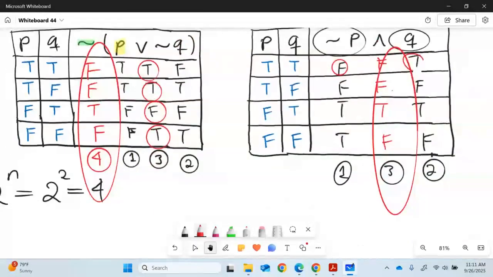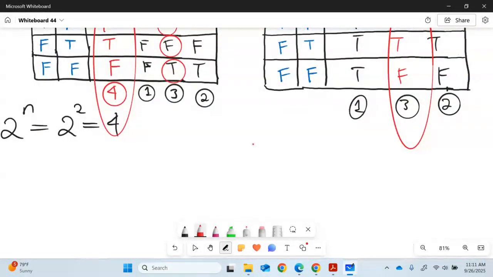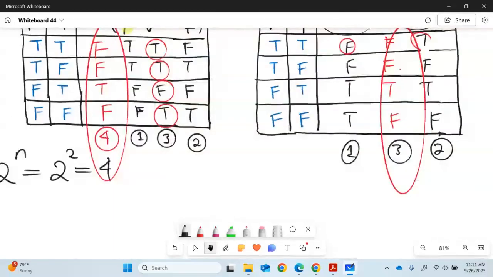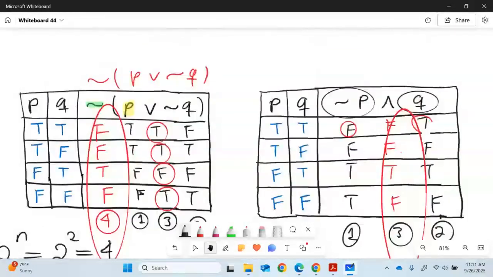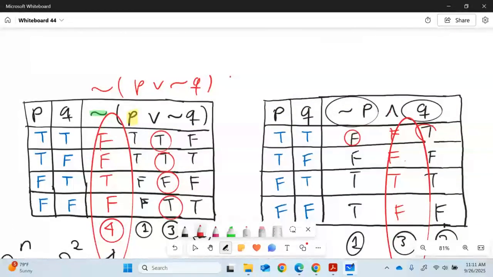The symbol to represent equivalent statements is kind of like an equal sign, but with 3 horizontal lines. Let me write it on the top. So this statement is equivalent to not P and Q.